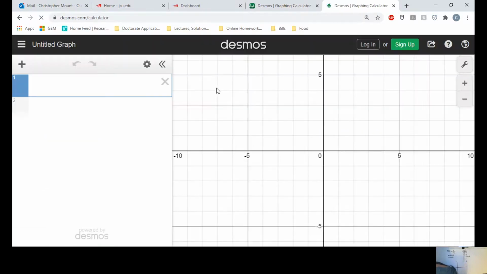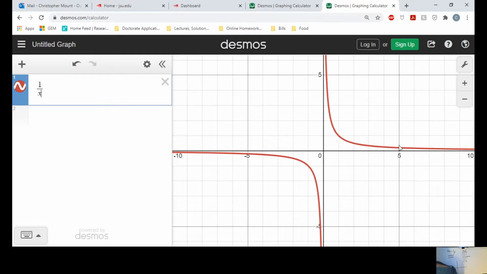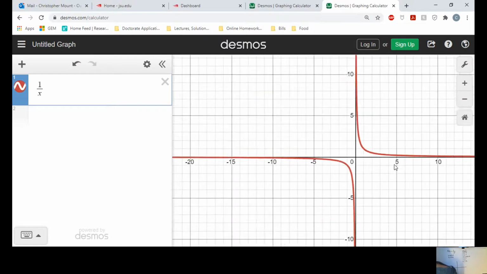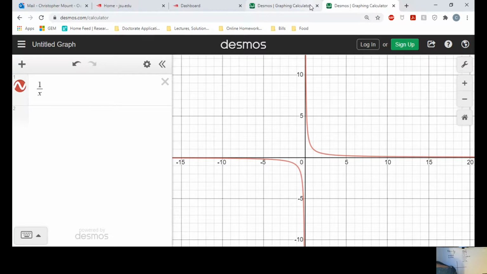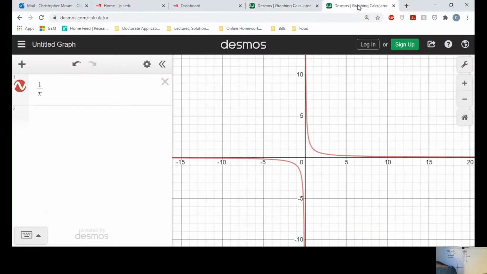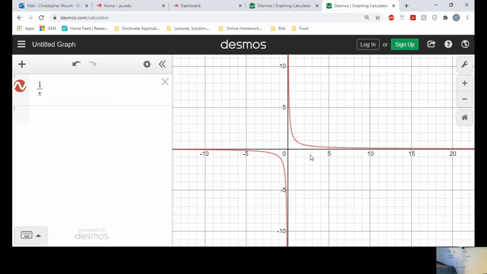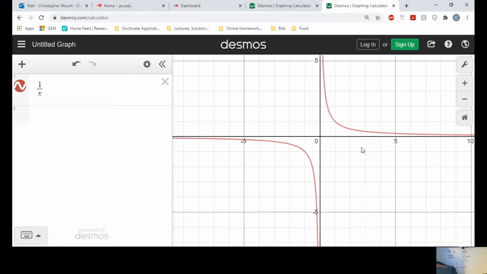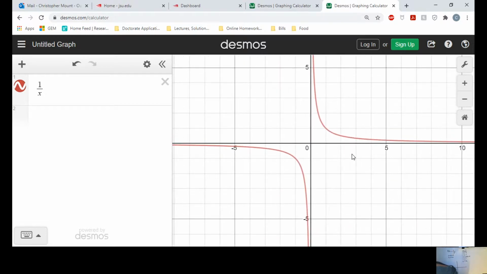Okay, so now if I go to a new graph, just for the sake of having a clean image, and I just straight up go 1/x and I don't build a table of values, here it is. This is the function that we just mapped a bunch of points to, and now Desmos is just straight up telling us what it looks like. So why didn't I just show you this from the top?